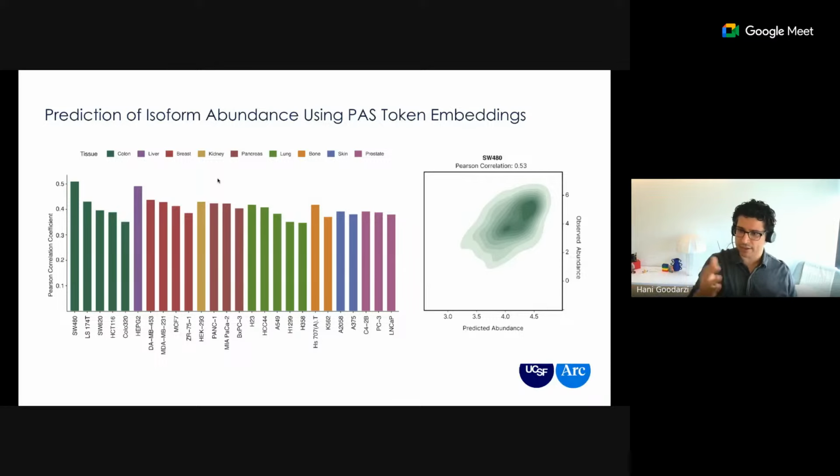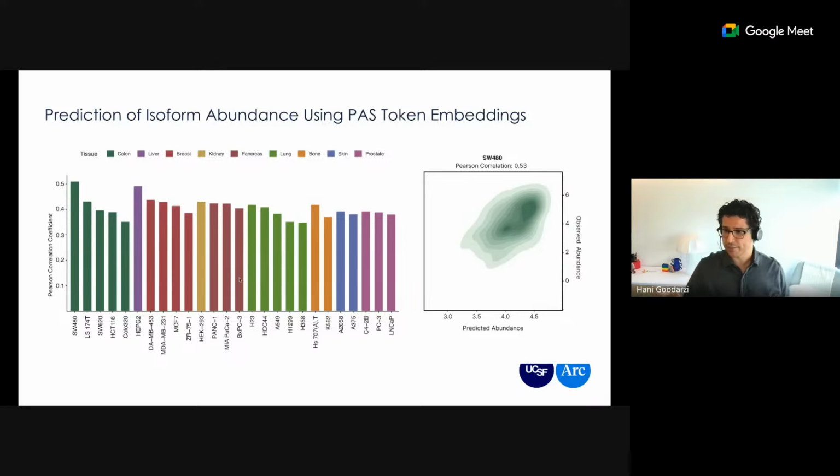So we train on a subset of isoforms. For every isoform, we take the pass token from it. It's basically a regression task. We train on a subset of isoforms and we test on the other subset. And as you can see, our model actually does pretty well across all these cell line models. You can see an example here with a 0.5 correlation.